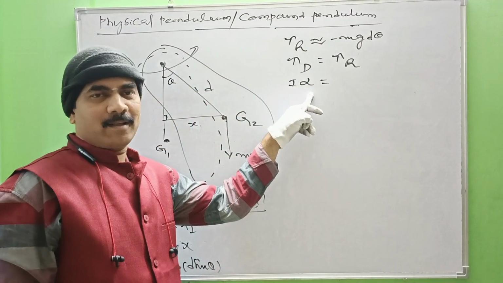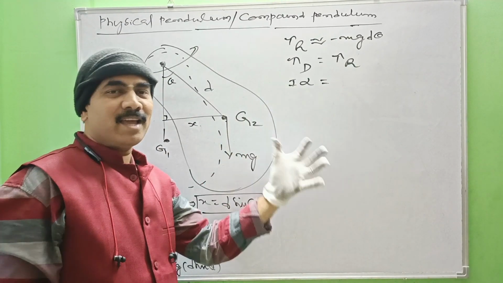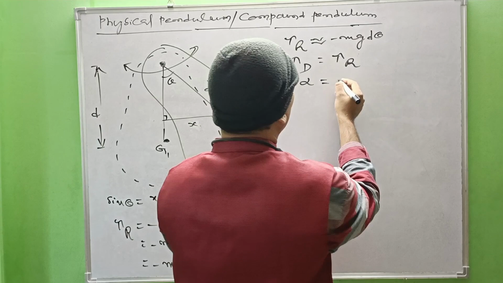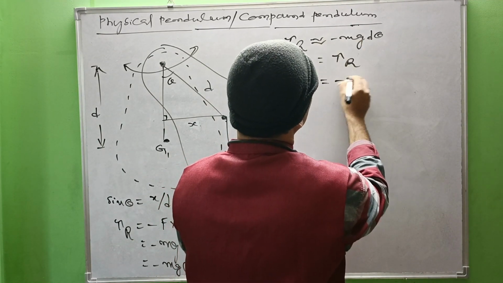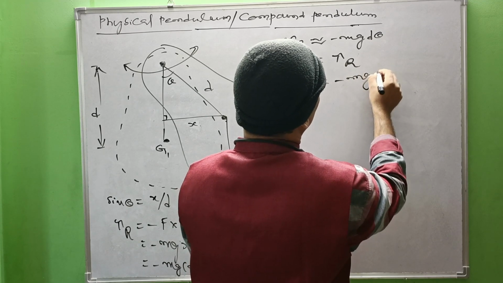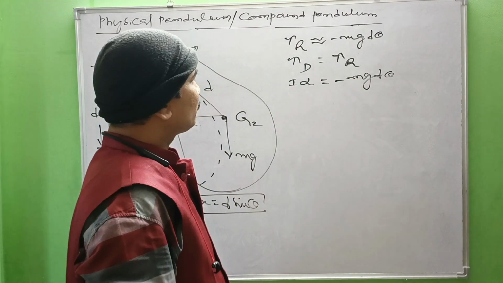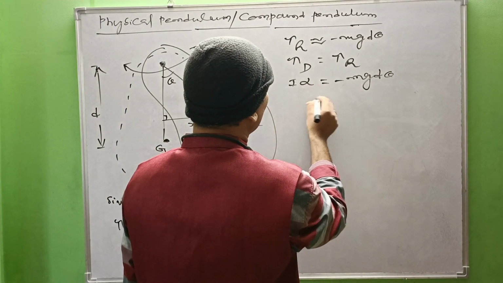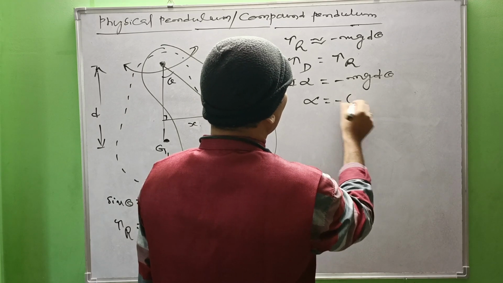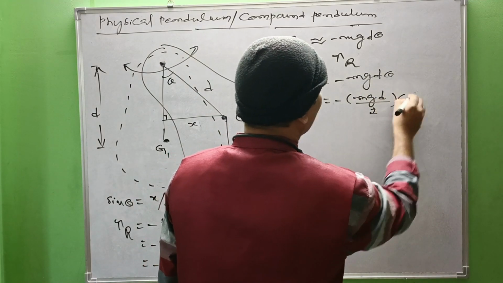I means moment of inertia of the rigid body, alpha means angular acceleration. This equals tau restoring, minus mg d into theta, not d theta, d into theta, right? Now alpha equals minus mgd by I into theta.